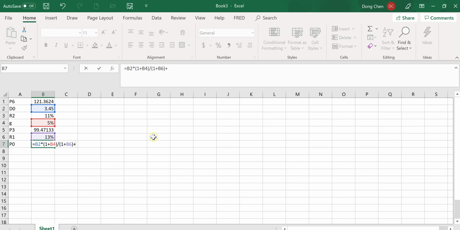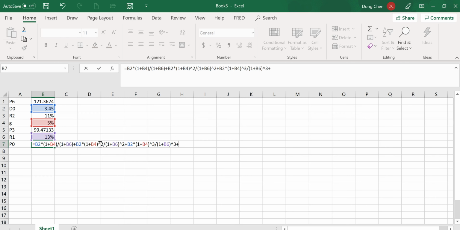And then continue to add D2, which is D0 times 1 plus the growth rate, raised to the power of 2, divided by 1 plus R1 raised to the power of 2, and then go on. D0 times 1 plus g raised to the power of 3, divided by 1 plus the discount rate R1 raised to the power of 3.